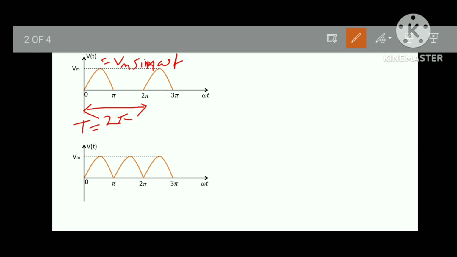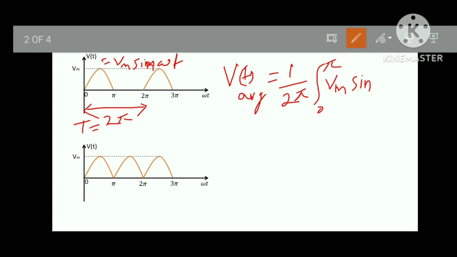So V of t average is equal to 1 upon 2 pi, integral from 0 to pi, since that is where your waveform exists, of Vm sin omega t d omega t.